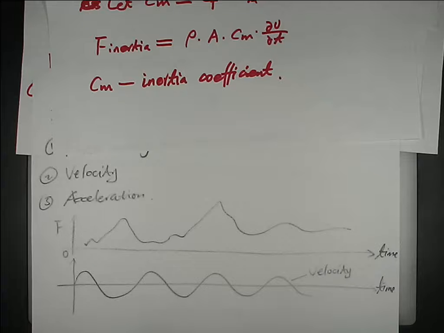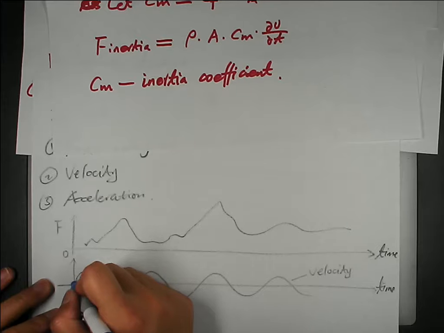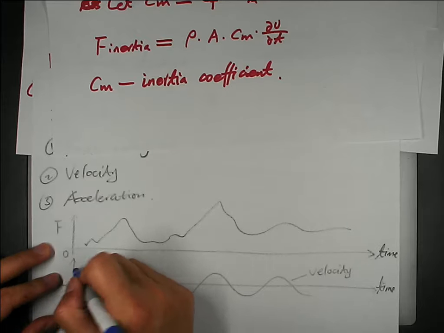And acceleration is a differential of velocity, so it should have a 90-degree phase difference, right? When velocity is 0, acceleration should be maximum.